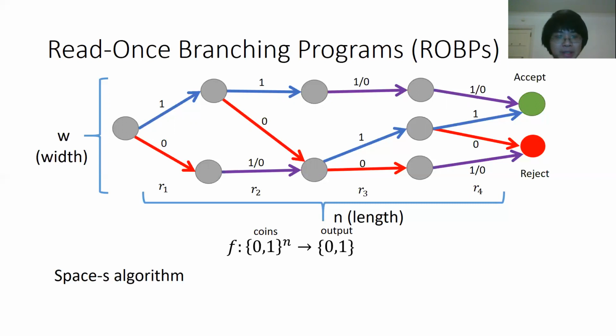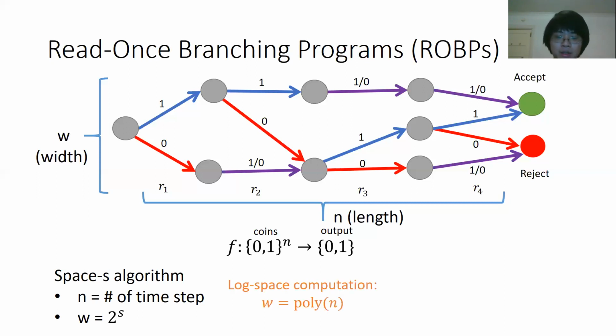Given a space S algorithm, we construct the branching program with length n equal to the number of time steps, and the width W equal to 2^S, because there are at most 2^S possible memory configurations in the algorithm. In the log space setting, which we care about, the width W will equal poly(n).